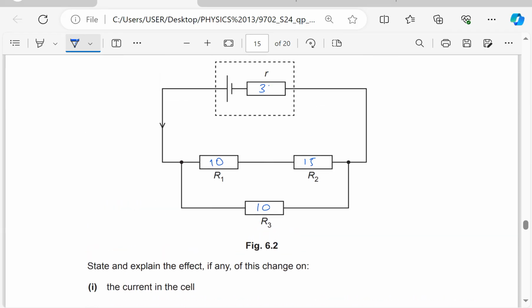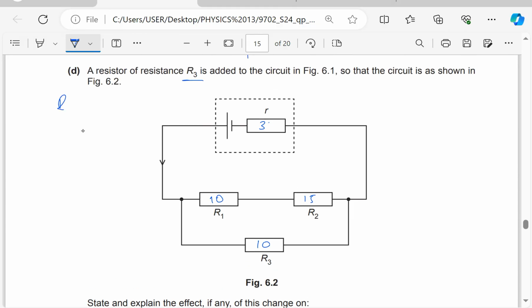So initially, if we had no R3, I would say total resistance, I'll call it R initial, would be 10 plus 15, 25, plus 3, which is 28 initially. Then when we add another resistor, which is R3, we shall now have 3 plus these ones, 25 and 10. So it will be 25 times 10 over 25 plus 10, because they will be in parallel.